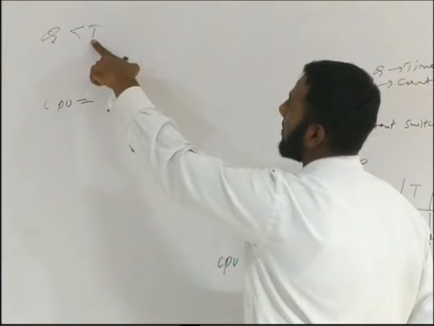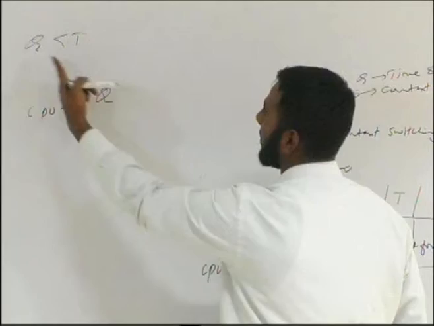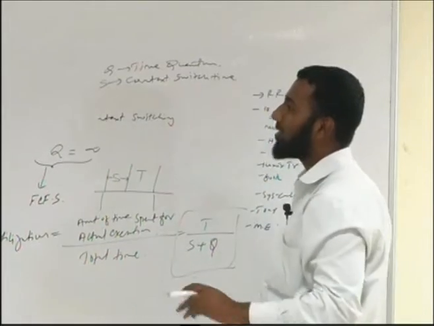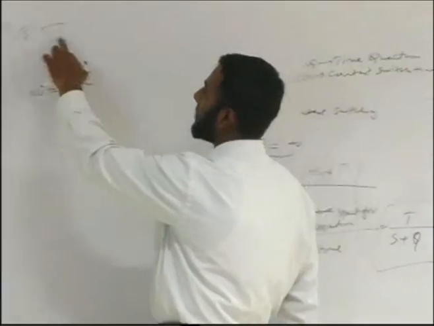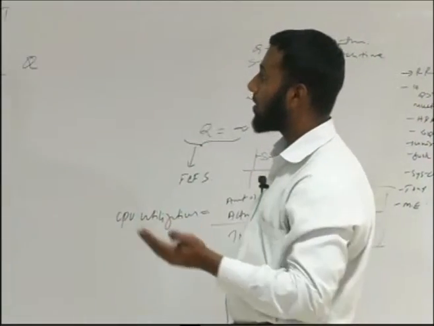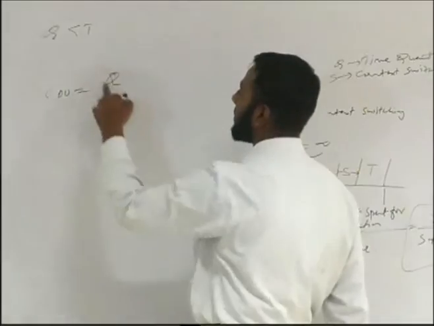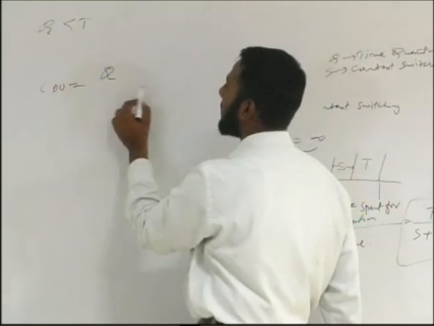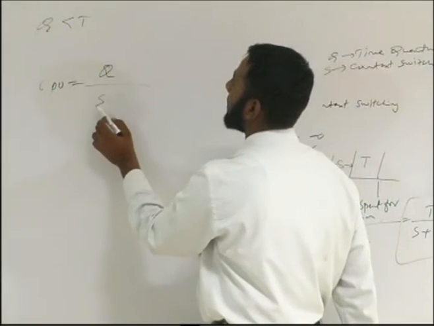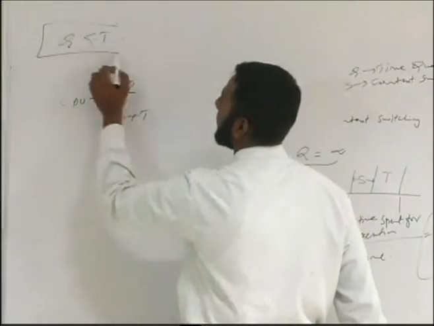The process requires t, but t is greater than q, so the actual time spent by the process executing is q only, because as I have told, the time quantum is the maximum amount of time enjoyed by any process for execution. No process will be allowed more than q to execute. So, the actual time spent is q if q is less than t, but the total amount of time is q plus s. So, this is the CPU utilization in this case if q is less than t.